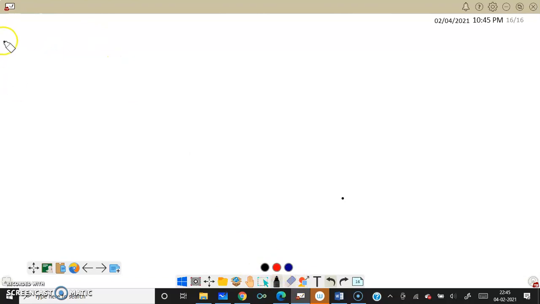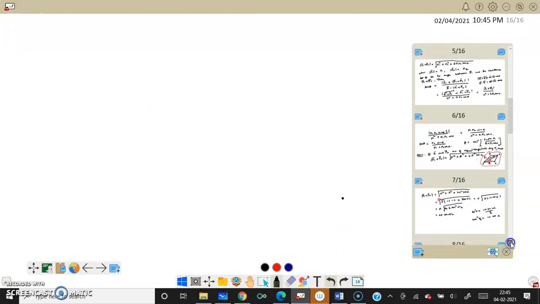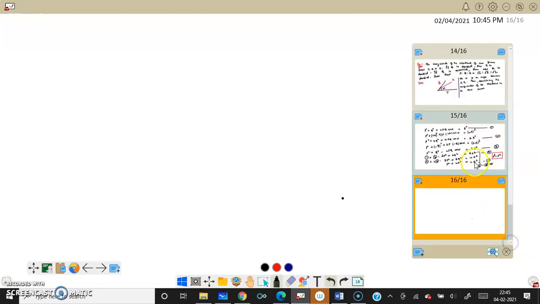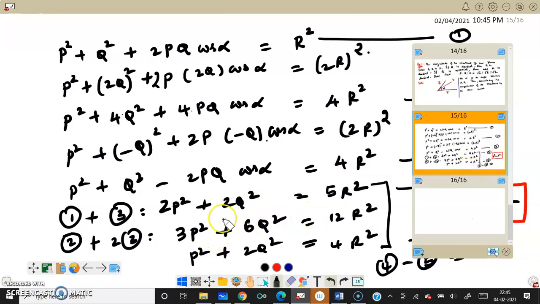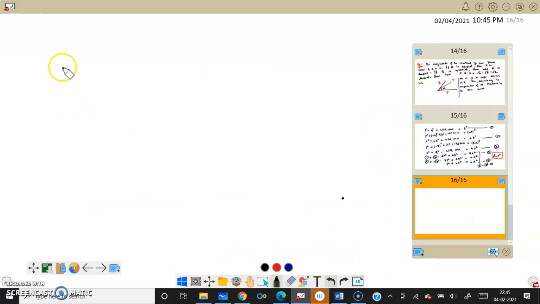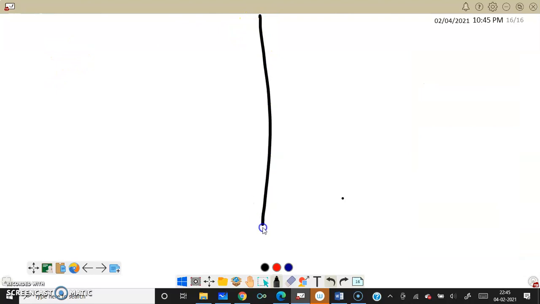Fine. What we got on the previous board: 2p square plus 2q square equal to 5r square, and here p square plus 2q square equal to 4r square. Using these two, I am writing 2p square plus 2q square equal to 5r square.